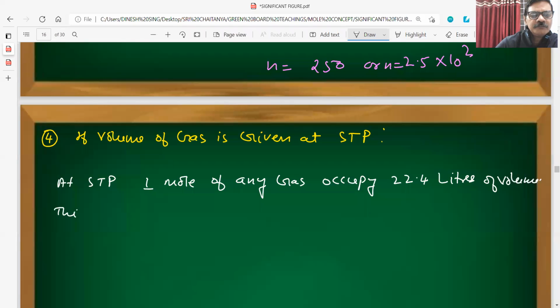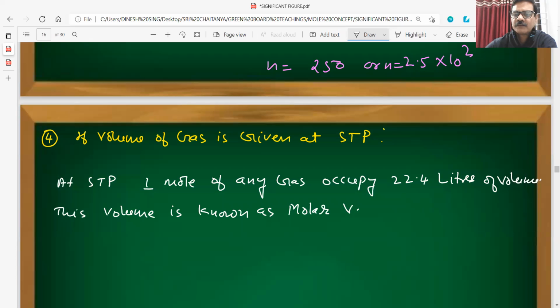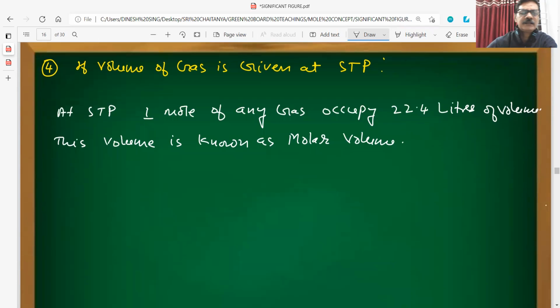So this volume is known as molar volume. Now we can make the formula.